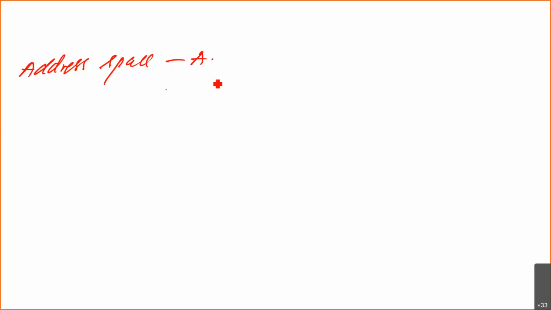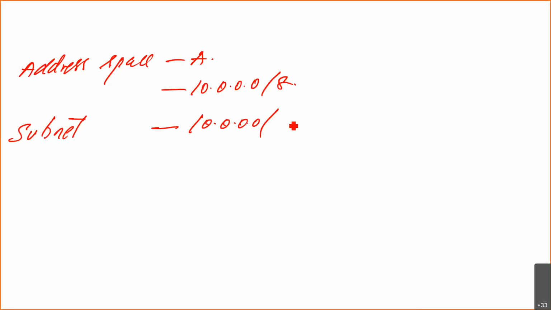Class A, 10.0.0.0/8. Here, how many addresses will I get? 16 million addresses. But I don't want to use 16 million addresses, so I am going for a subnet. In the subnet, I am saying my network is 10.0.0.0/24.